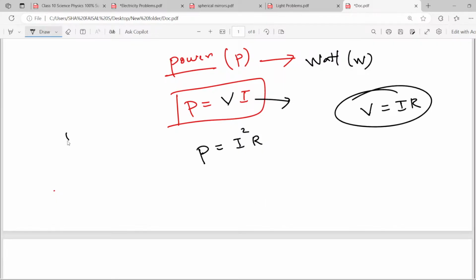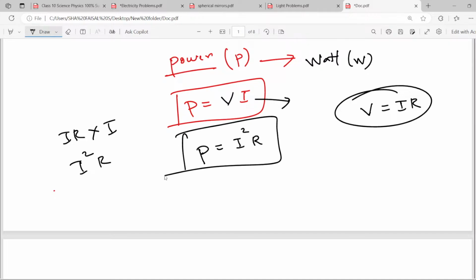We can write IR. In place of V, we can write IR into I. So I into I will become I square into R. This is the next formula. So by applying Ohm's law, we got P is equal to I square into R.